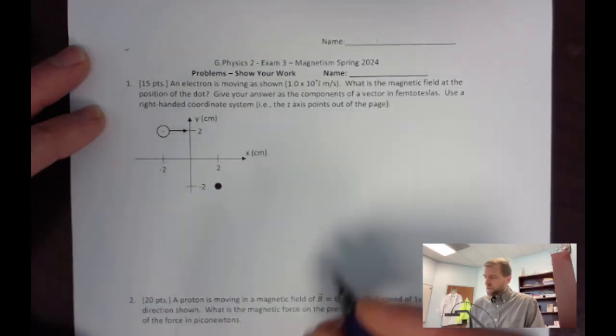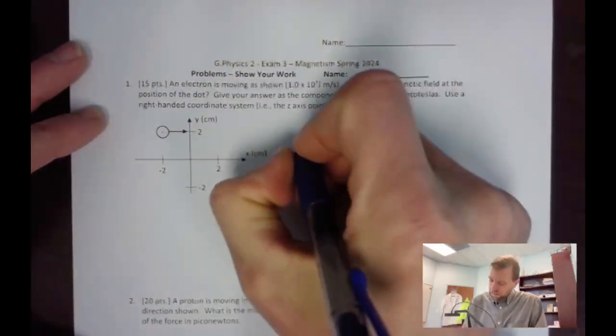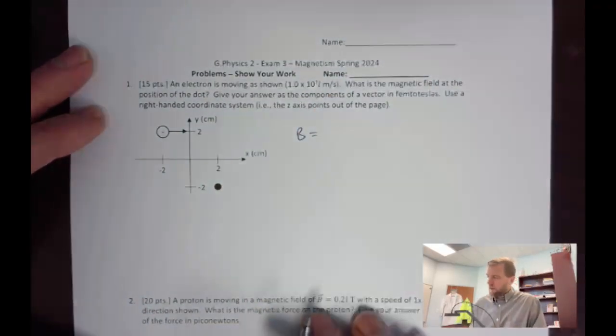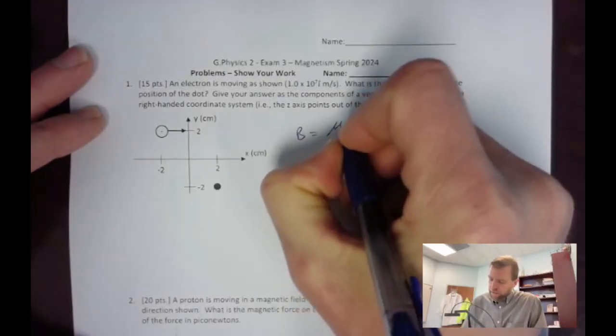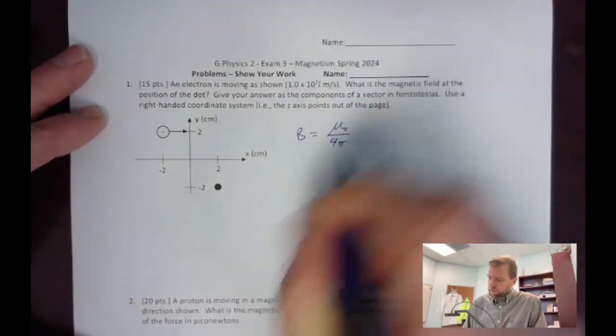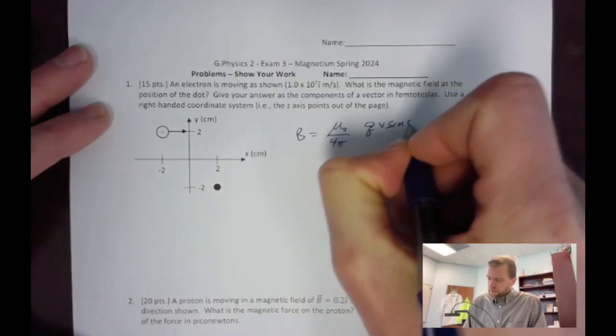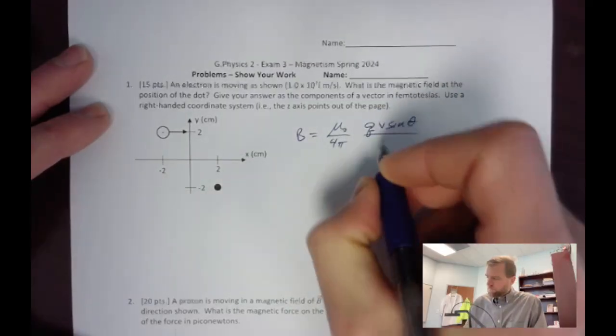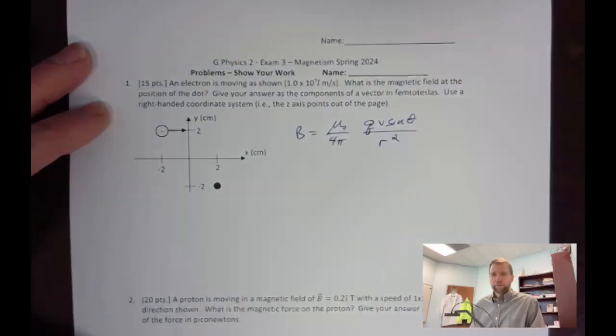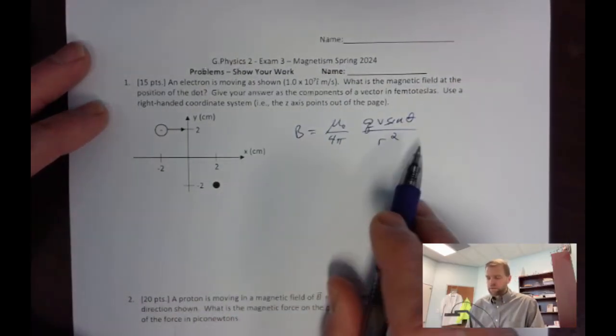Let's first just write down our equation. This comes from the Biot-Savart law. The magnitude of the magnetic field is mu naught over 4 pi, q v sine theta over r squared. This is just the equation that we use.